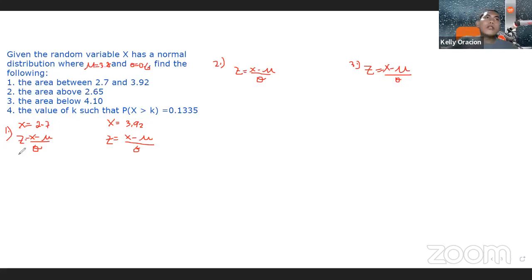Now, we need to get the z-scores first. The z-score if x is 2.7 and the z-score if x is 3.92. We have the mean, which is 3.25, and the standard deviation is 0.6.